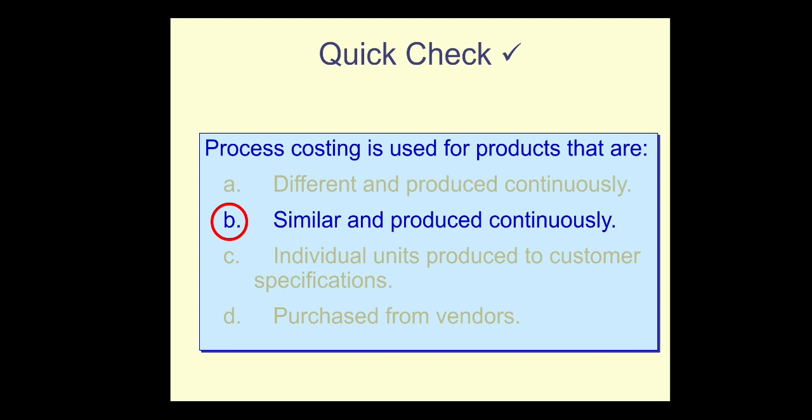The company produces thousands of bottles of Coke every day. In one month, maybe millions of bottles of Coke. So that is the kind of business that will use a process costing system.